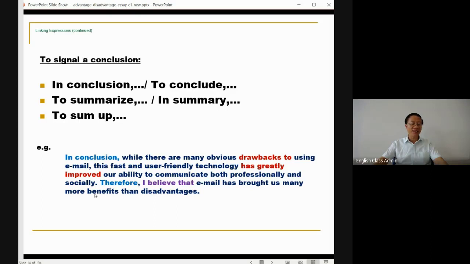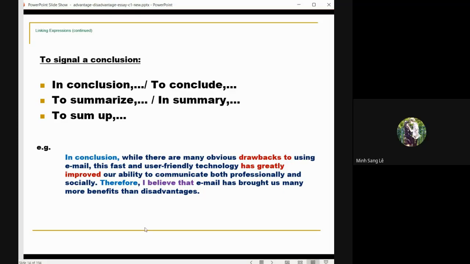Minh Sang, say the example again for the concluding paragraph. In conclusion, while there are many obvious drawbacks to using email, this fast and user-friendly technology has greatly improved our ability to communicate both professionally and socially. Therefore, I believe that email has brought us many more benefits than disadvantages.